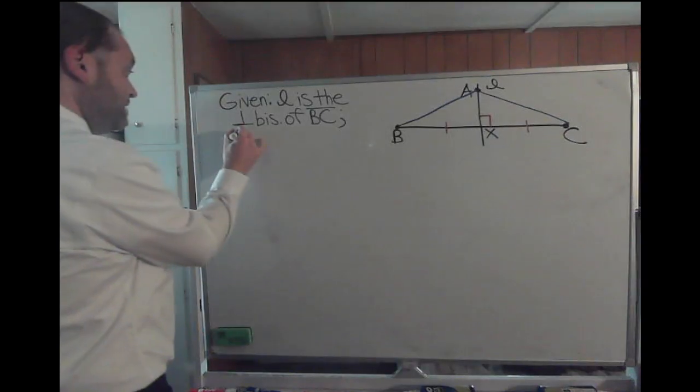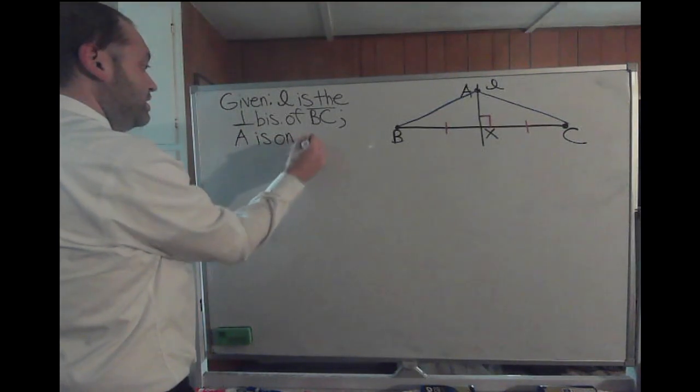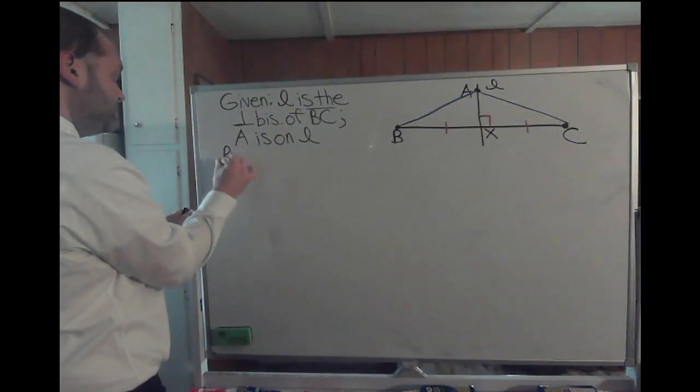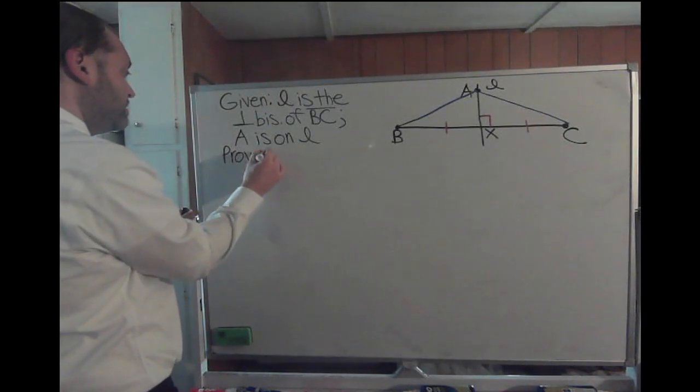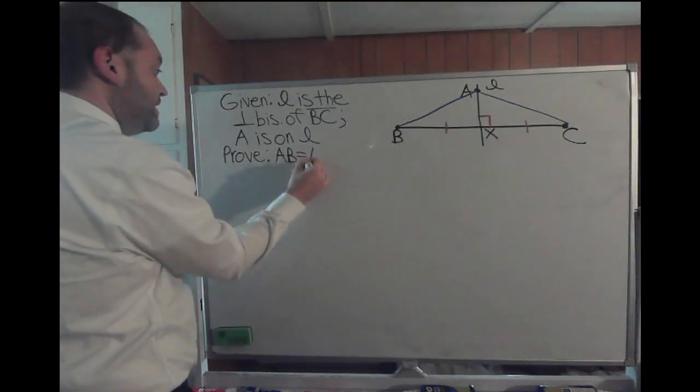We're also given that A is on L. What we need to prove is that AB is equal to AC.